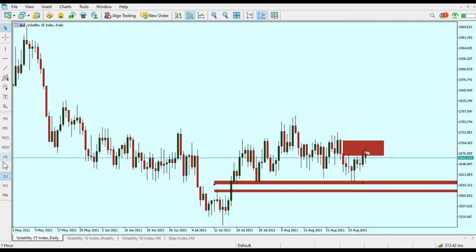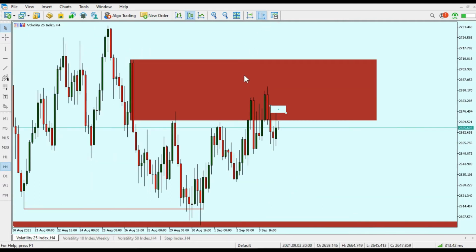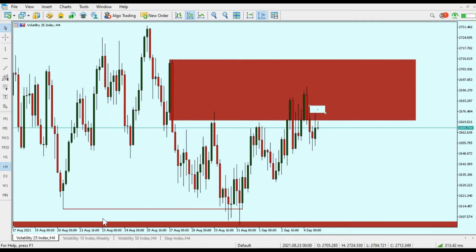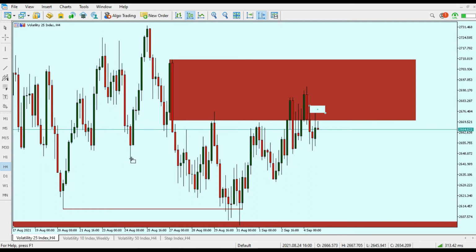Let's take a look at the 4-hour time frame for a clearer view of what is really going on. So like I said earlier, we have this break of market structure here, also to signify to us that a new trend is beginning to form.